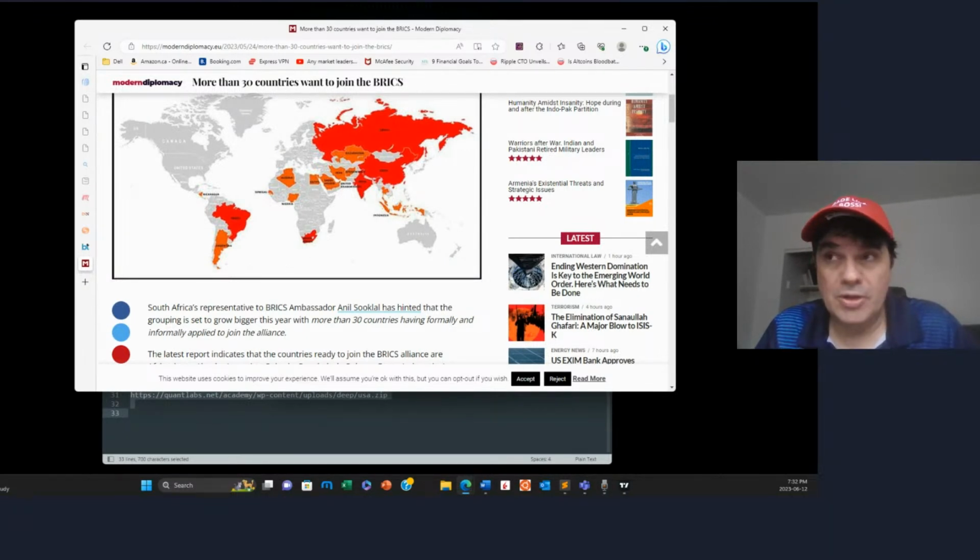So that is going to drastically affect the U.S. dollar in X amount of years. I don't know. And why do I say that? Just on population alone, you've got China and India, the two most populous countries in the world. If you factor in these Western countries like Canada, U.S., Europe, Australia, Japan, they probably don't even have enough population to match what India's got or what China's got.